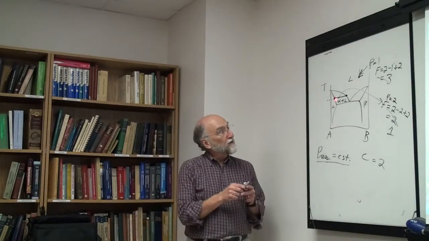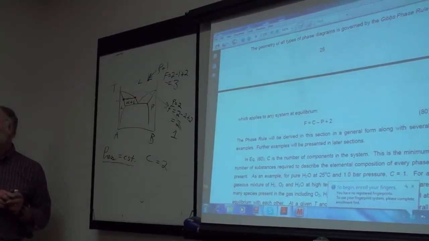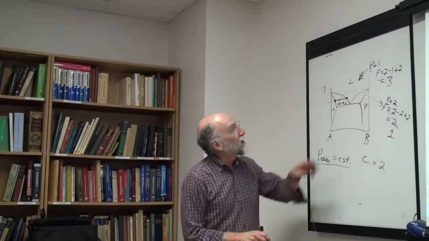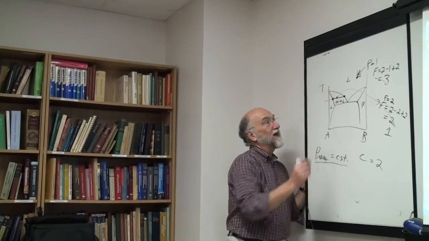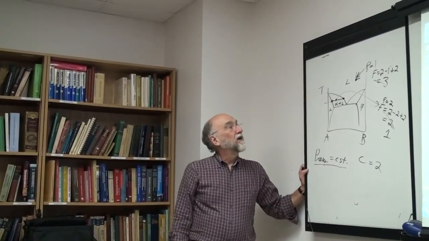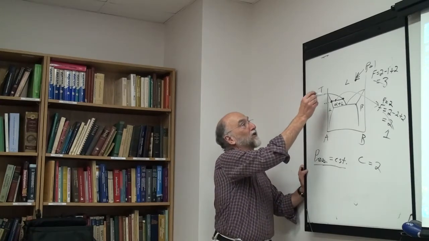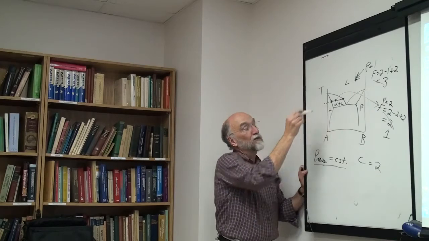Now what are my variables then? That means I have one variable that I can choose independently. My three variables are the temperature, composition of this phase, and the composition of this phase. And I want to be in the alpha plus liquid region. I can choose this temperature, of course the temperature can't be down here, but I have at least a range of where I can choose the temperature.